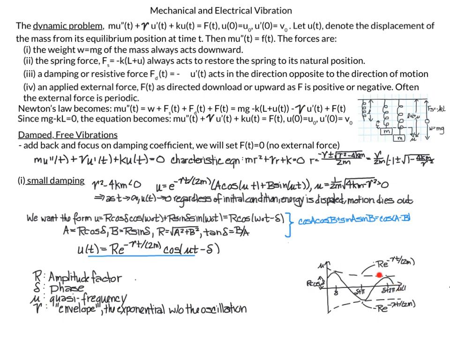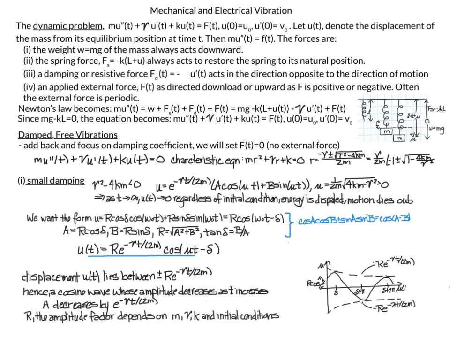And as this decay goes down, our oscillations get smaller and smaller until they eventually die out. So our displacement will lie between plus and minus r e to the minus gamma t over 2m, this envelope here. It's this gamma, our damping, that makes our oscillations peter out. Hence a cosine wave whose amplitude decreases as t increases.